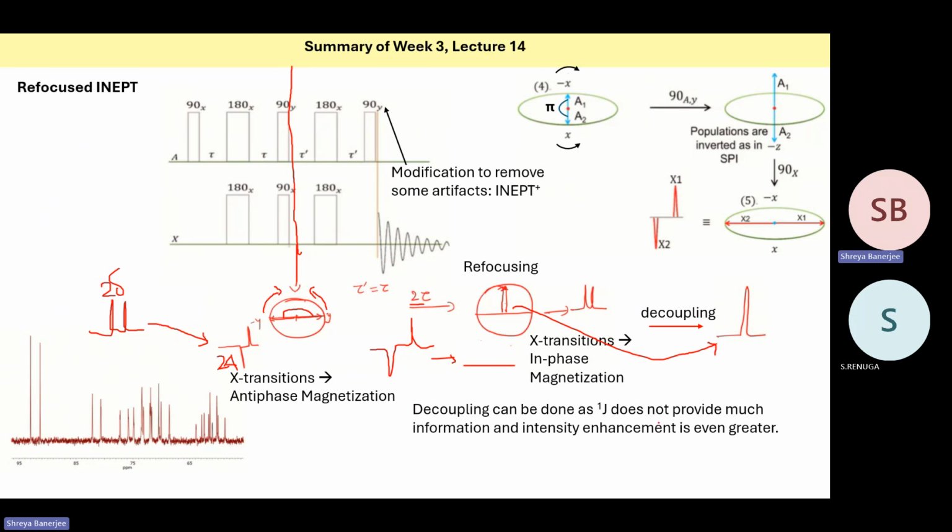You can do decoupling by using the refocused INEPT experiment. We saw that in time tau it is rotating pi by 2. So in time 2 tau it will rotate pi, and there is a pi angle between the two spins. Once it rotates through the pi angle, both the spins are now in the same direction. That is, both the spins can now be decoupled. So that is another variation of the INEPT experiment.